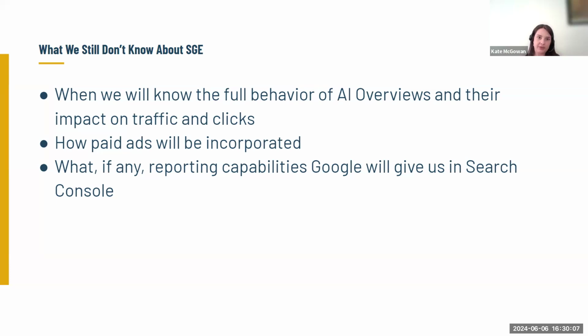And again, we don't know if any reporting capabilities directly from Google will allow us to understand how AI overviews drive traffic, though those third-party tools will likely come out with an effective way to understand the appearances of your content in AI overviews, like how they've let us understand features like rich snippets.